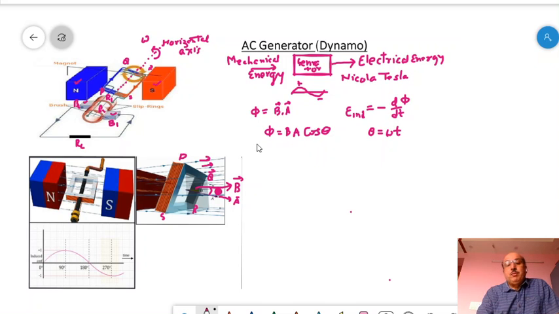And now we come to the theory part. If we put this flux into equation 1, then E induced will be equal to minus d by dt of BA cos theta, and cos theta is cos omega t.